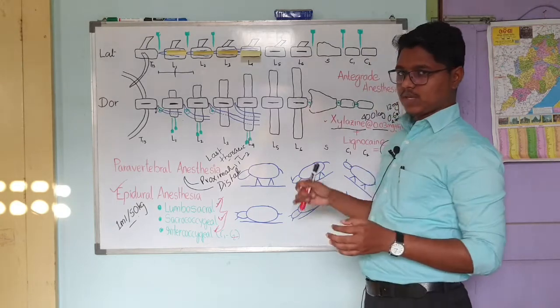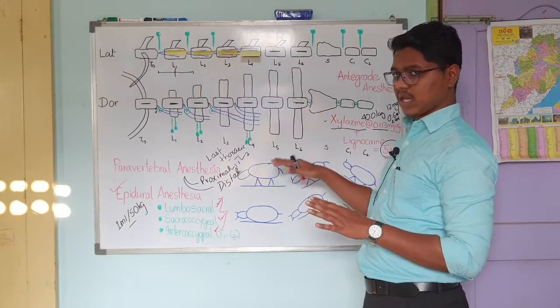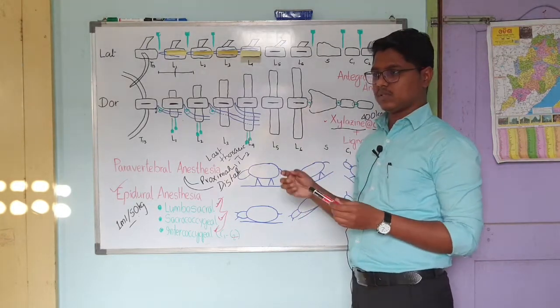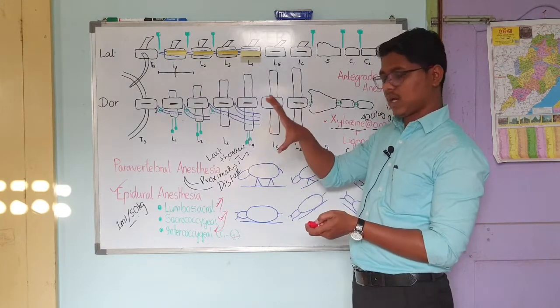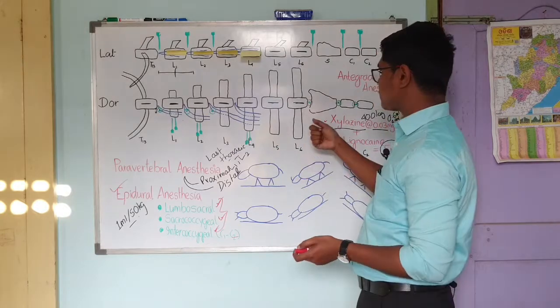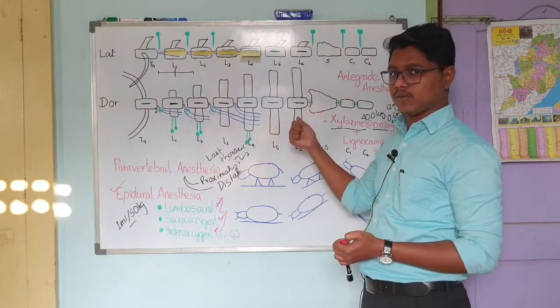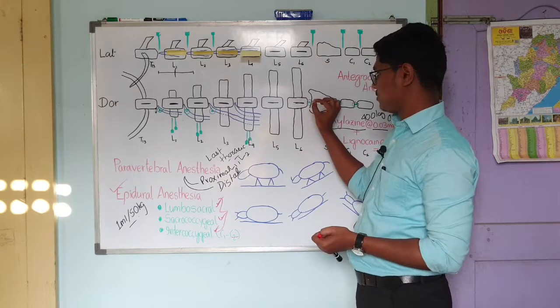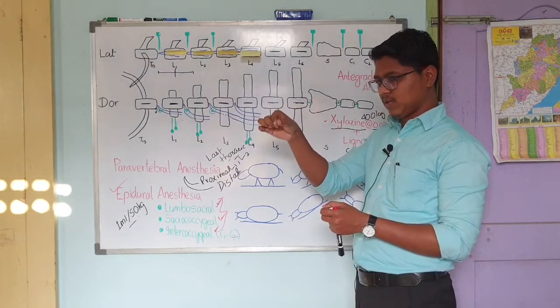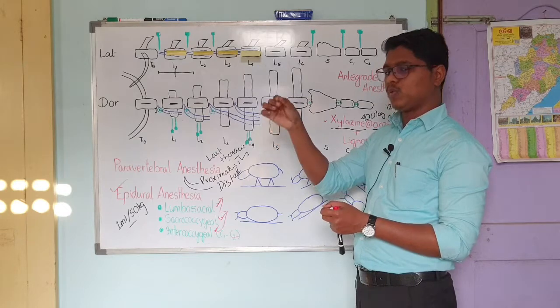In cattle or large animals, you need a nearly 15 centimeter long needle, because the area is very thick. But in case of sheep and goat, you can try this one. You can take a 20 gauge needle and simply pierce through till a fluid appears.